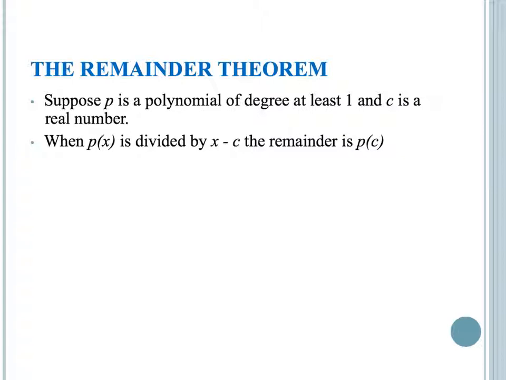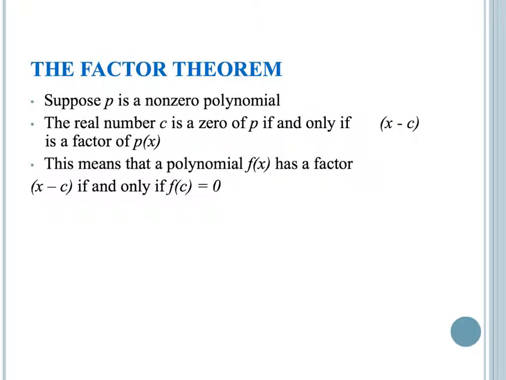We have a remainder. So let's check this out quickly using the remainder theorem. Let's say we have a polynomial 5x to the third minus 2x squared plus 1, and I want to check to see if x minus 3 is a factor.